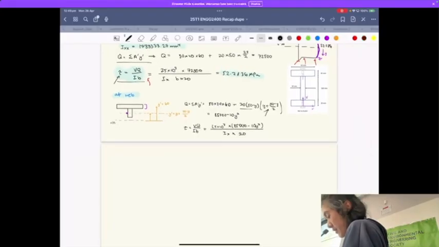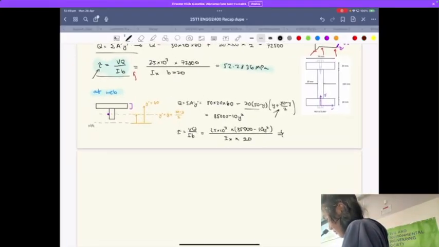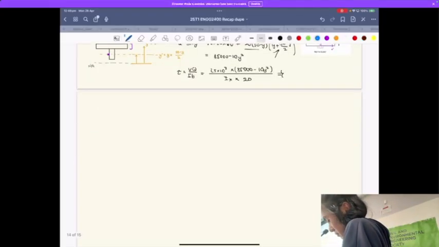So yeah, after you put that into some sort of equation, you'll have something in terms of y, and then you can move on to the next part.